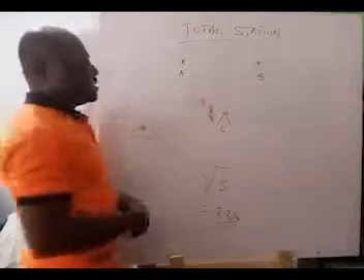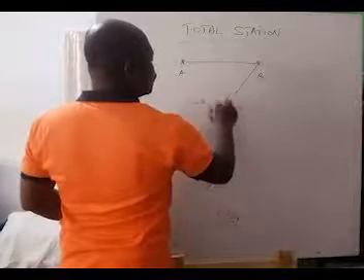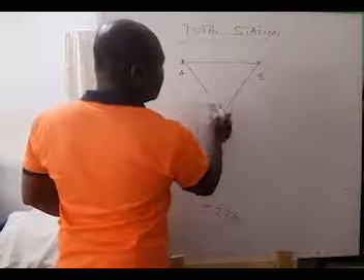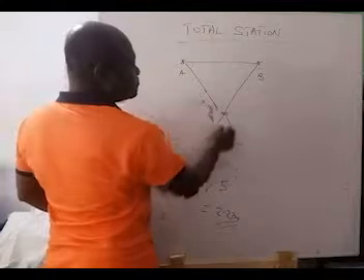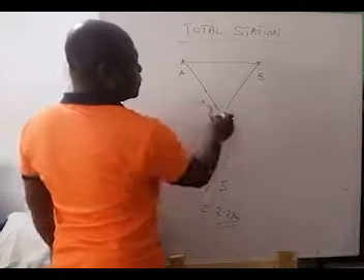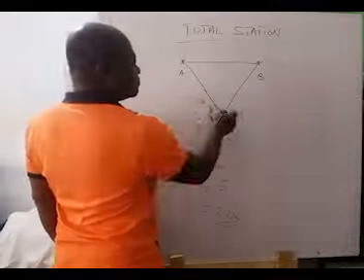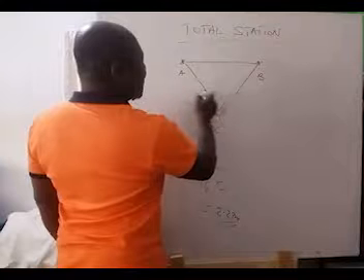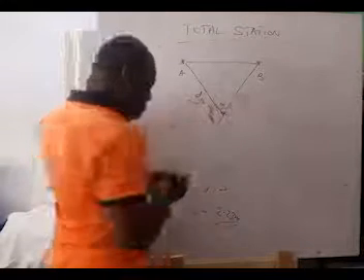This is what the total station will do. It's going to form this triangle. Now the total station is able to measure this angle alpha, and measure D1 and then D2.